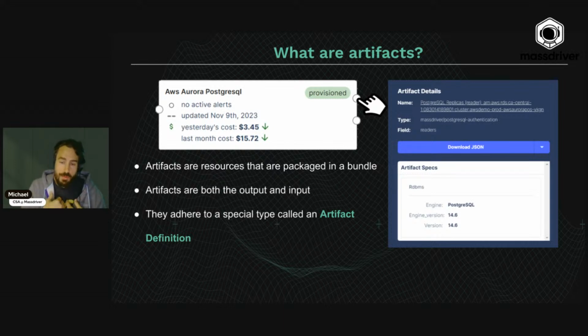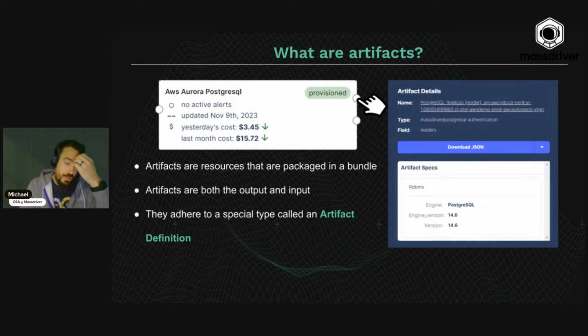When I built my Postgres bundle, for example, I claimed that my bundle was dependent on a network artifact definition. When I claim a dependency on an artifact definition, my bundle is able to make a contract with that network bundle that outputs that same type. That contract allows my bundles to share information in a downstream direction so that my Postgres server uses that network to deploy into.